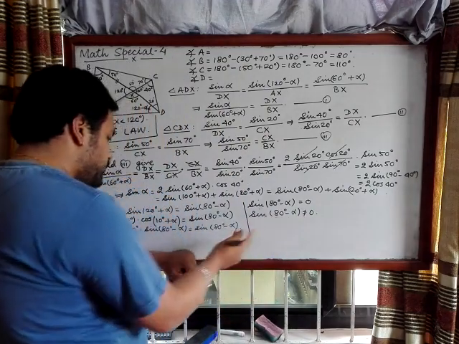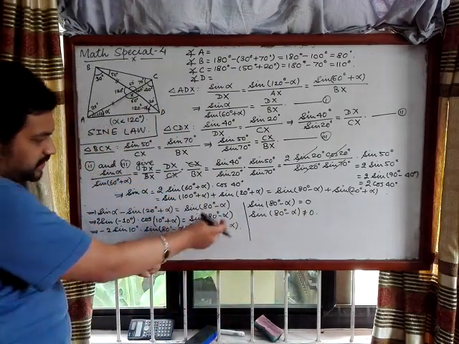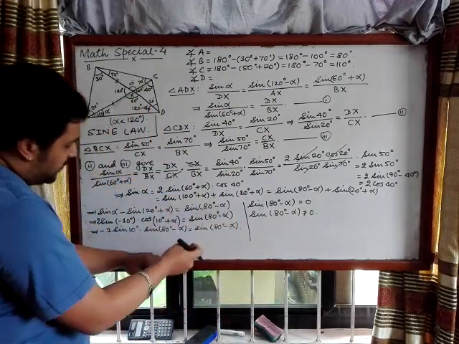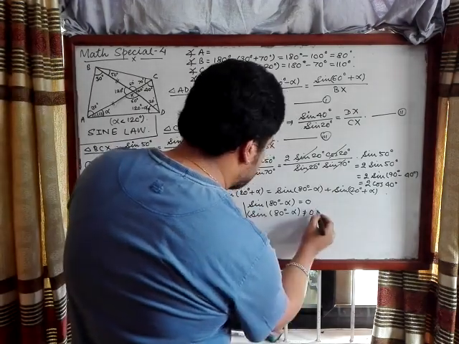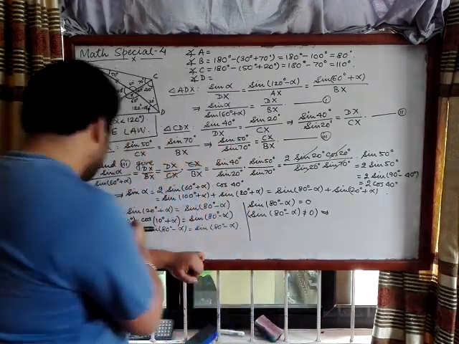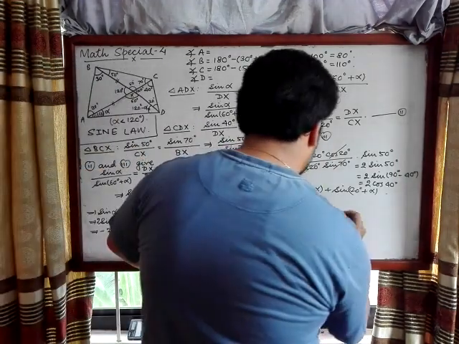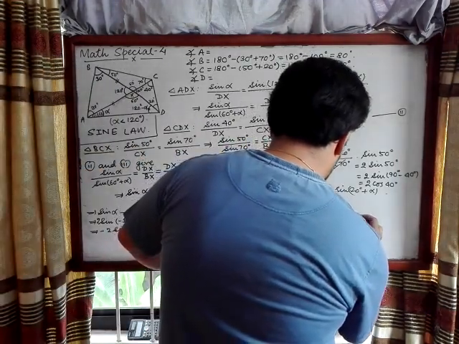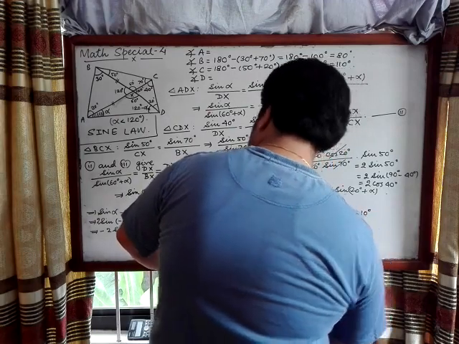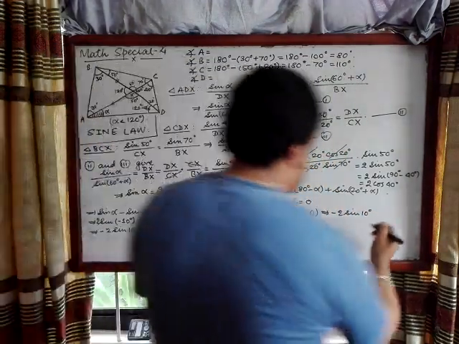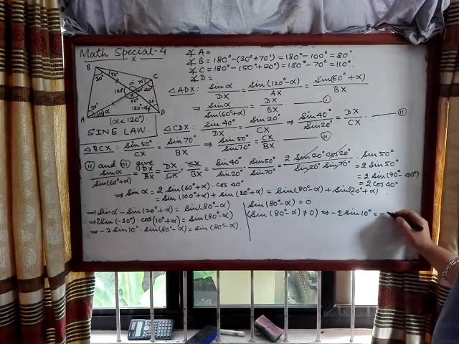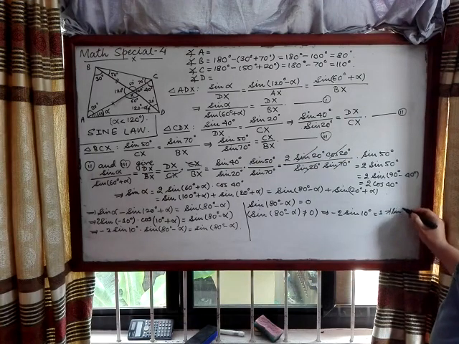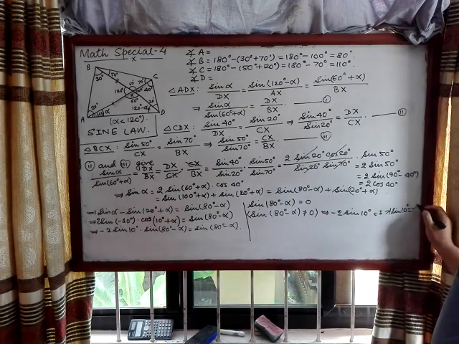If this is not equal to 0, then these two quantities cancel each other, and what we get is minus 2 sin 10 degrees, and since these two cancel out each other, this is 1, so sin 10 degrees is equal to minus 1 by 2.